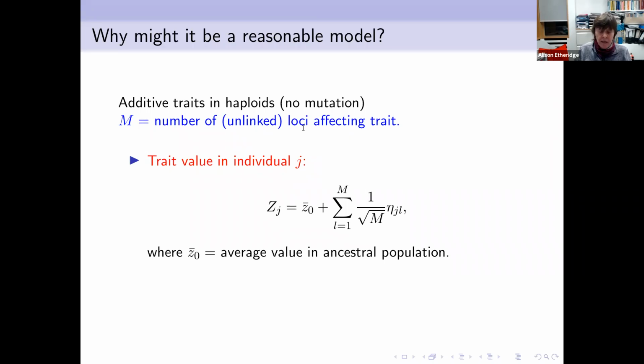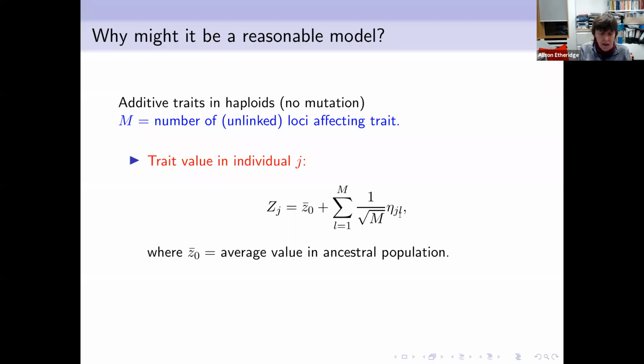That just means the Mendelian inheritance at each locus is going to be independent. I don't want to think about loci that are close together on the chromosome. And we're supposing that at each of those loci, the effect on the trait value is small. So we're going to scale it by 1 over square root of m, and these are going to be taken to be mean 0 and order 1.